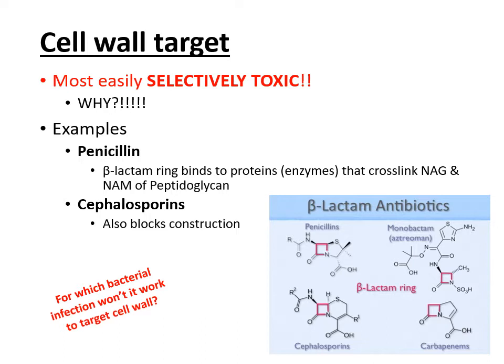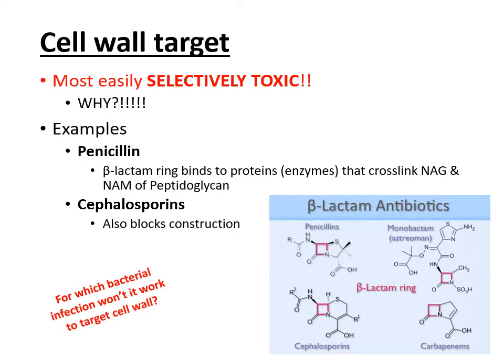The two examples to remember, and please do remember that they are examples of cell wall targeting, are penicillin and cephalosporins. Okay, penicillin and cephalosporins, what they do is they block the enzymes that build peptidoglycan, specifically the ones that will make that matrix, that cross-linking of sugars that we mentioned previously, the NAG-NAM sugars. Okay?